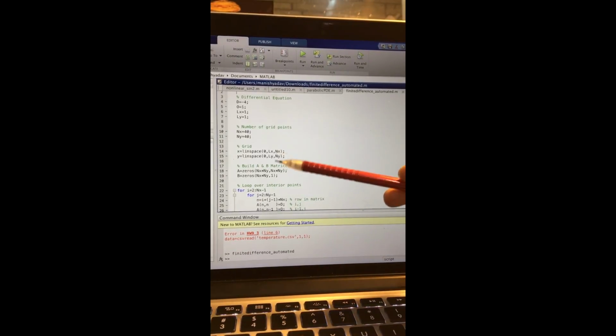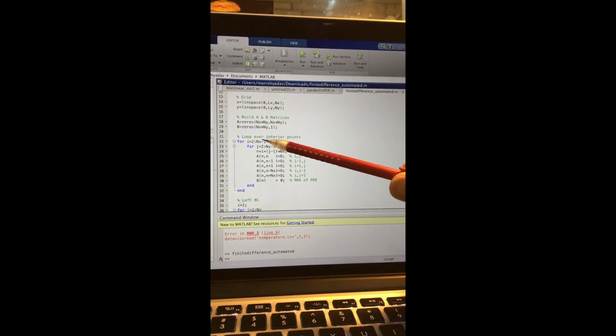To build the A and B matrices, our A matrix will be zeros with n rows and n columns. For our B matrix, we just need n rows and one column. For the loop over interior points, our first interior point starts from 2i to j2, and after that it's 3 2, 2 3, and all of them.